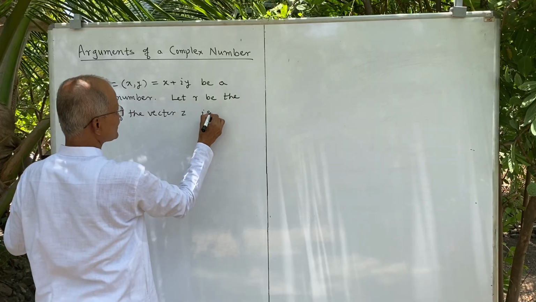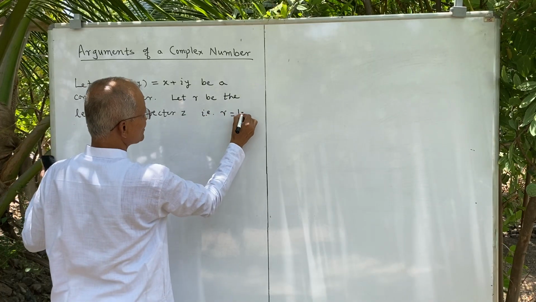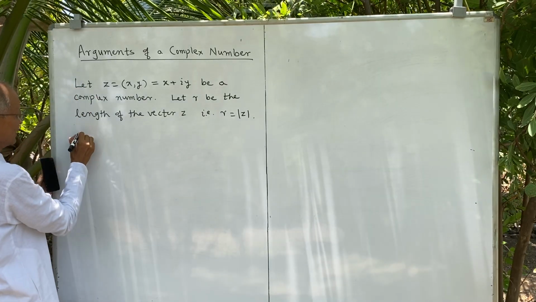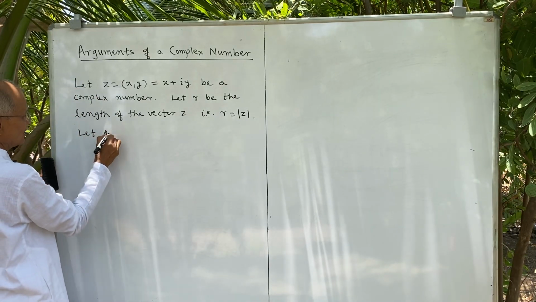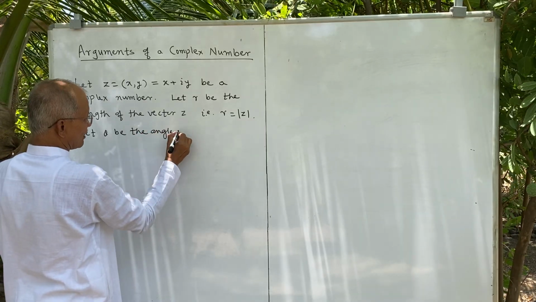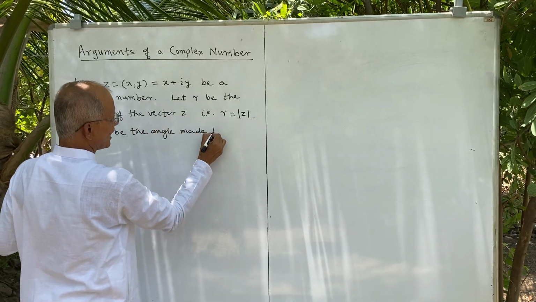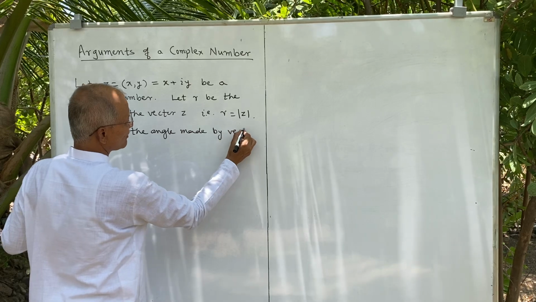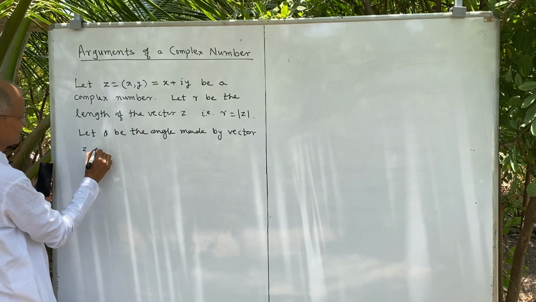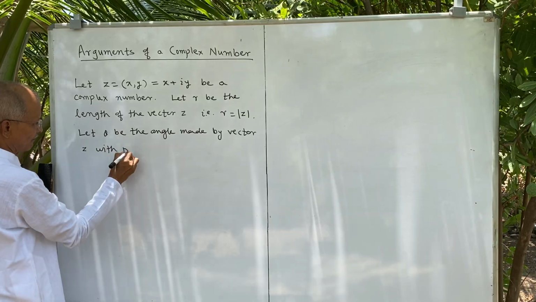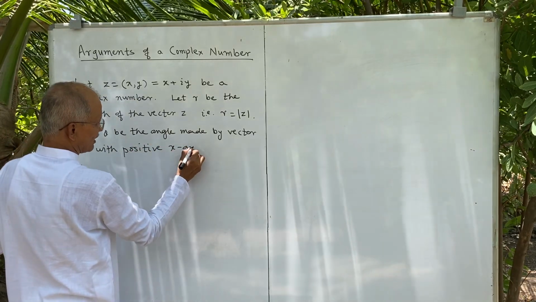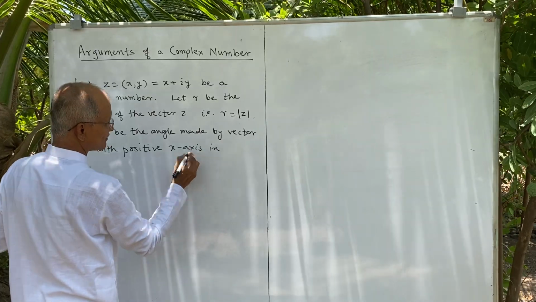That means this r is the absolute value or modulus of z. Further, let theta be the angle made by vector z with positive x-axis in anti-clockwise sense.